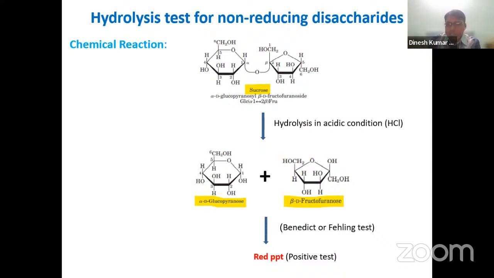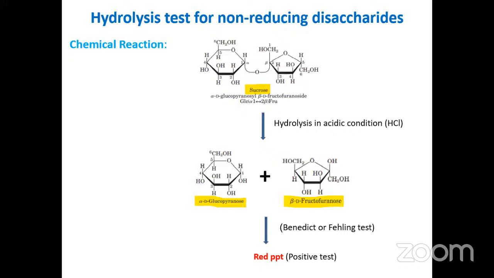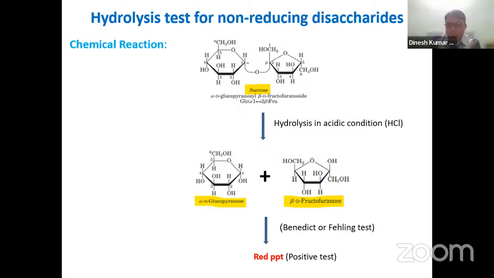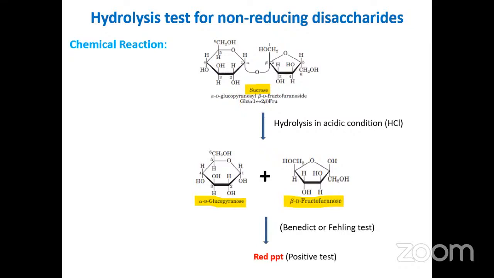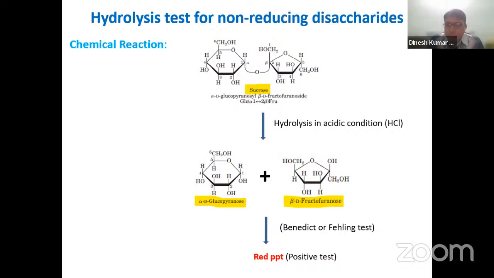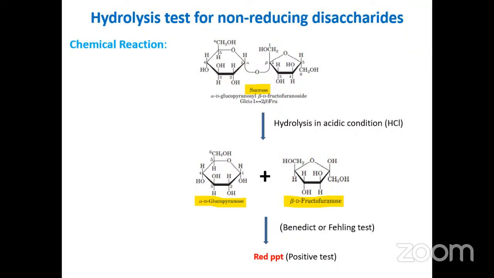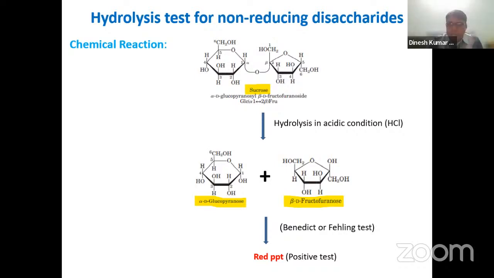But when we do the hydrolysis in acidic condition, it breaks sucrose into glucose and fructose monomers. And if we perform the Benedict or Fehling test, it will be positive, showing that reducing sugars are present in the hydrolyzed sample.